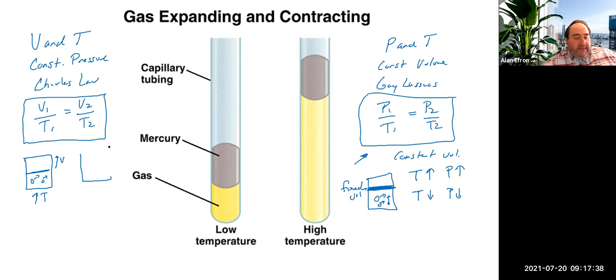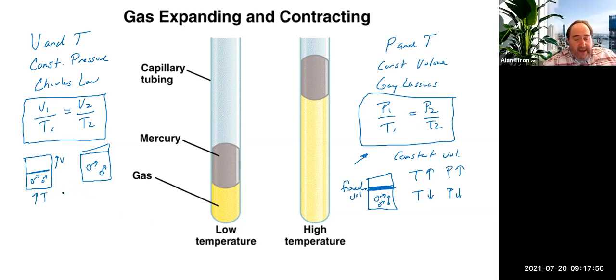What we will see is the volume would increase, and that gives everybody a little bit more space to fly around. It's going to keep the collisions relatively constant, and it's going to keep the pressure from going crazy as it did in this situation on the right-hand side.